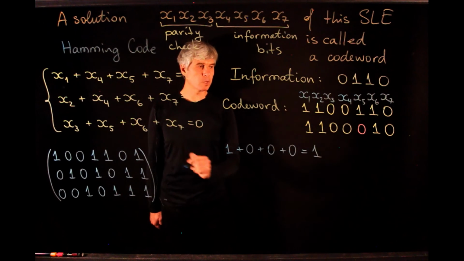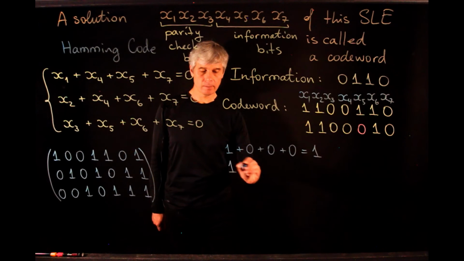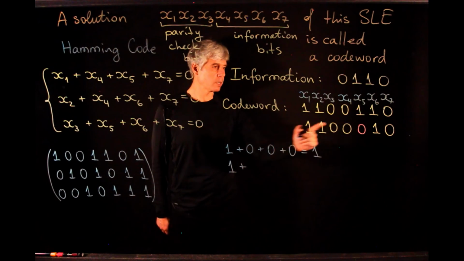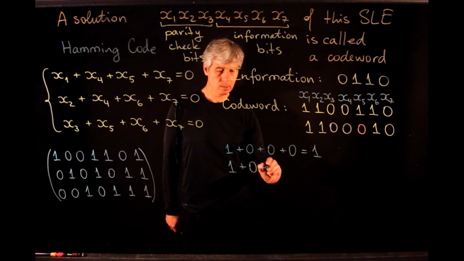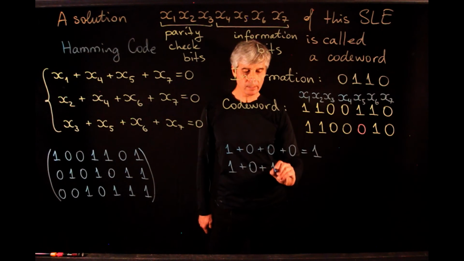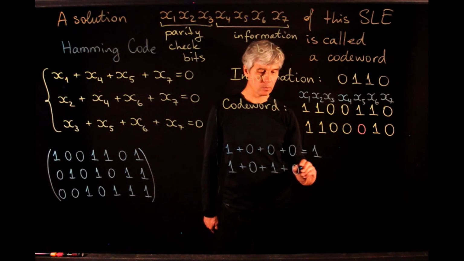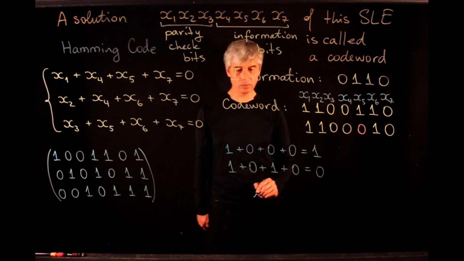Now, in the second equation, we have x2, which is 1, plus x4, which is 0, plus x6, which is 1, plus x7, which is 0. So this is equal to 0.